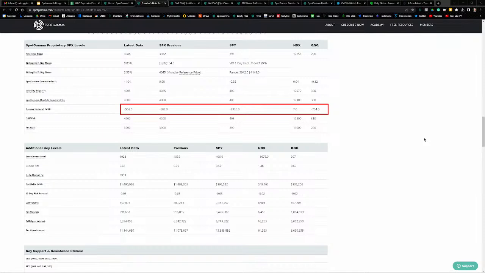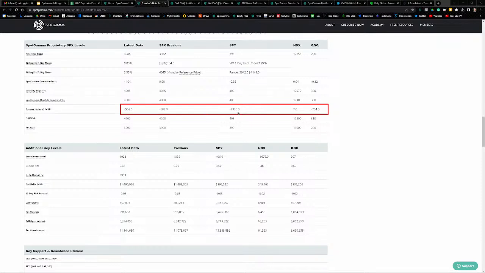Okay, so gamma notional. This is market makers' position on the gamma curve. This is SPX in the left column, SPY in the middle column, and QQQ on the far right column. And again, as I said, these levels did shift quite a bit more negative. Yesterday, SPX gamma notional was minus 444. Today it has shifted to minus 565.